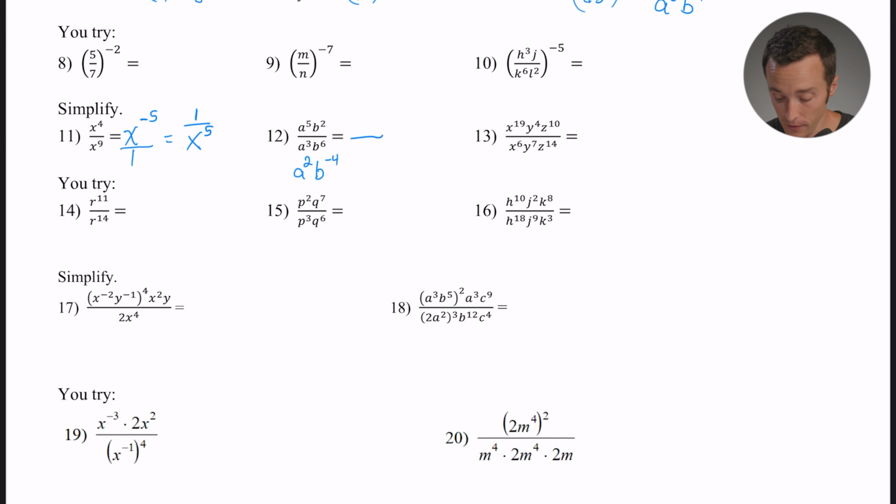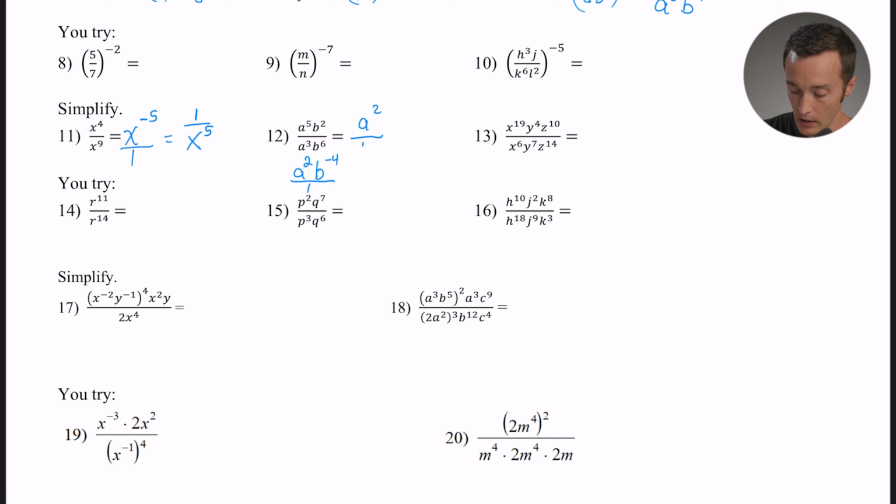Now, that's correct, you're just not finished because that b has a negative exponent. So think about it like this. Technically, that whole thing is over 1, right? So the a squared has a positive exponent, so he gets to stay in the numerator. That b to the negative fourth has a negative exponent, so he has to go from the numerator to the denominator. Again, the reciprocal, he has to flip his position.